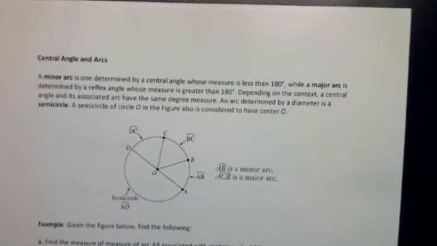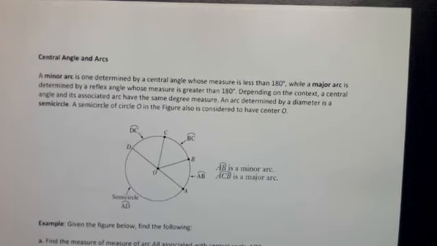And also in circles, you have what they call central angles and central arcs. A minor arc is one determined by a central angle whose measure is less than 180 degrees, while a major arc is determined by a reflex angle whose measure is greater than 180 degrees.